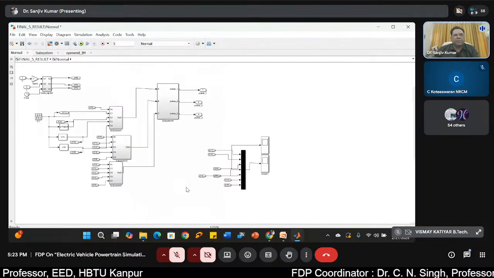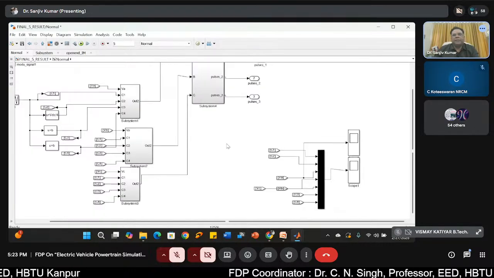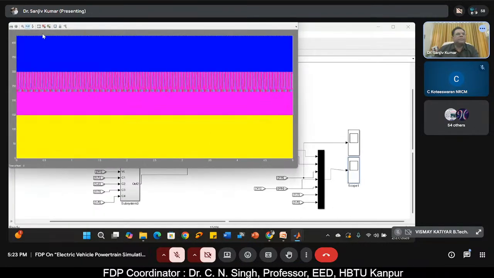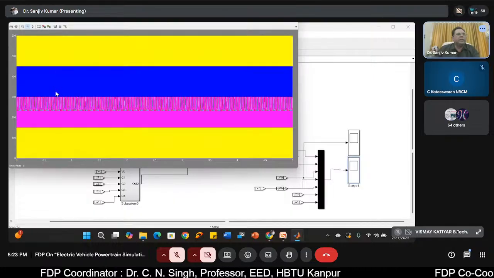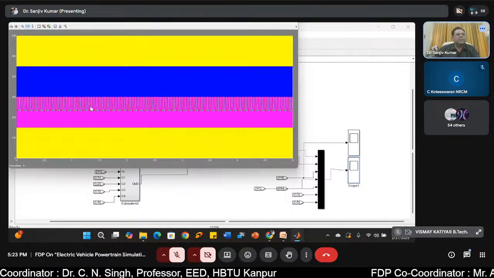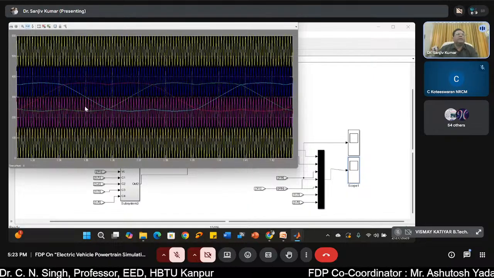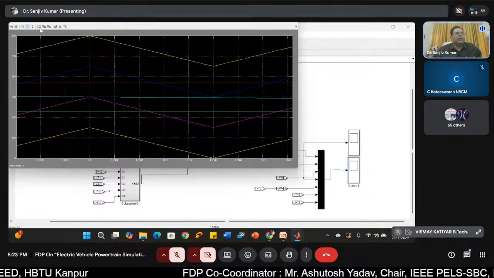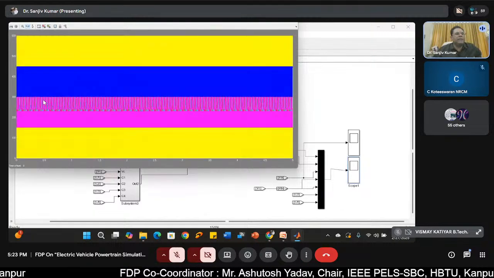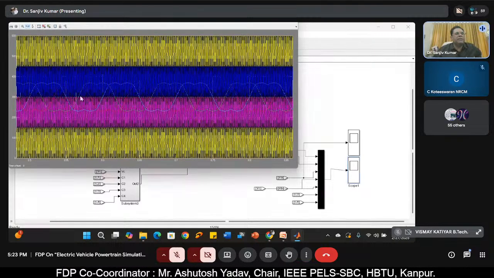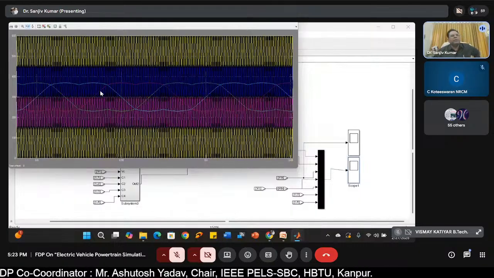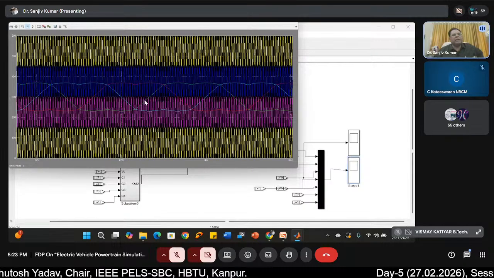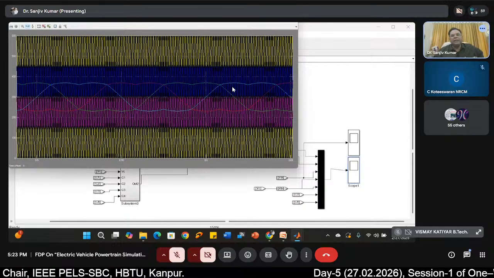Here this is the normal mode. Look at this. This is the normal PWM which we do. You can see there are 4 cycles, and we put the triangular in the middle of this, right?